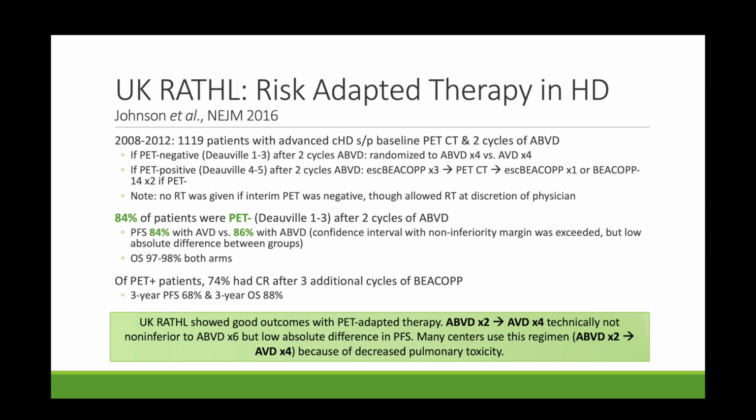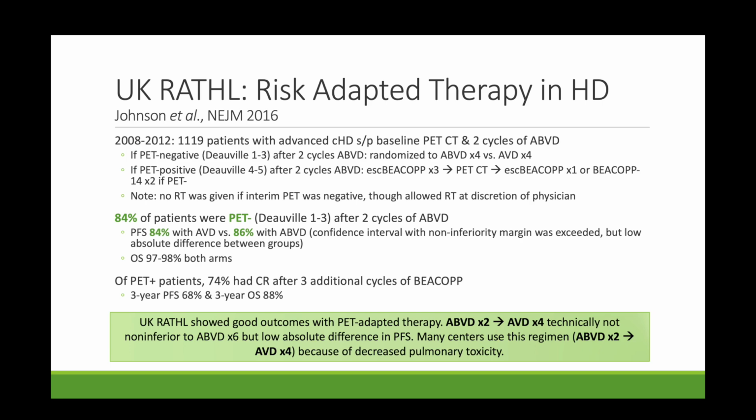Again, it's one of those situations where they were not able to conclude that 2 cycles of ABVD followed by 4 cycles of AVD, dropping the bleomycin, was non-inferior. So it was not non-inferior, but again, the absolute difference between these 2 groups was very low, only 2% here. And the overall survival was extremely similar in both arms, 97% to 98%.